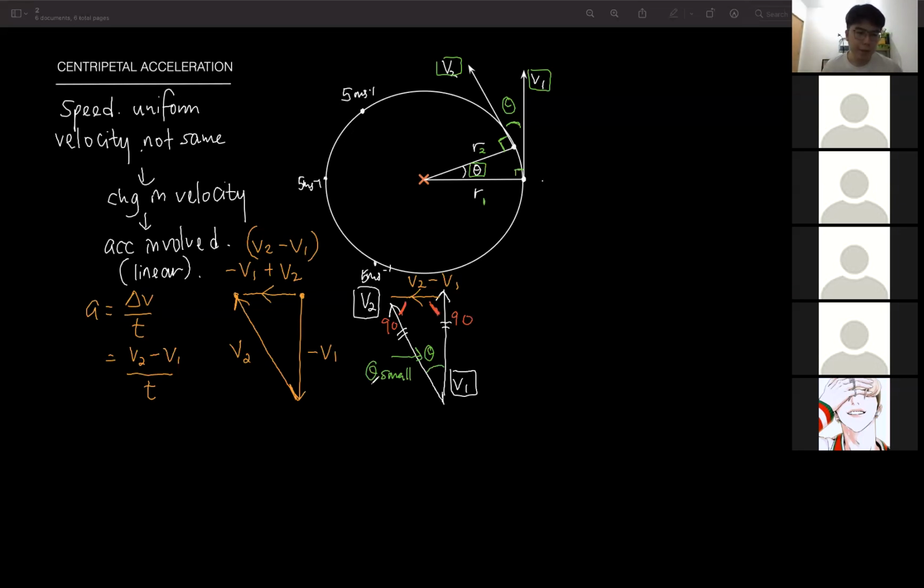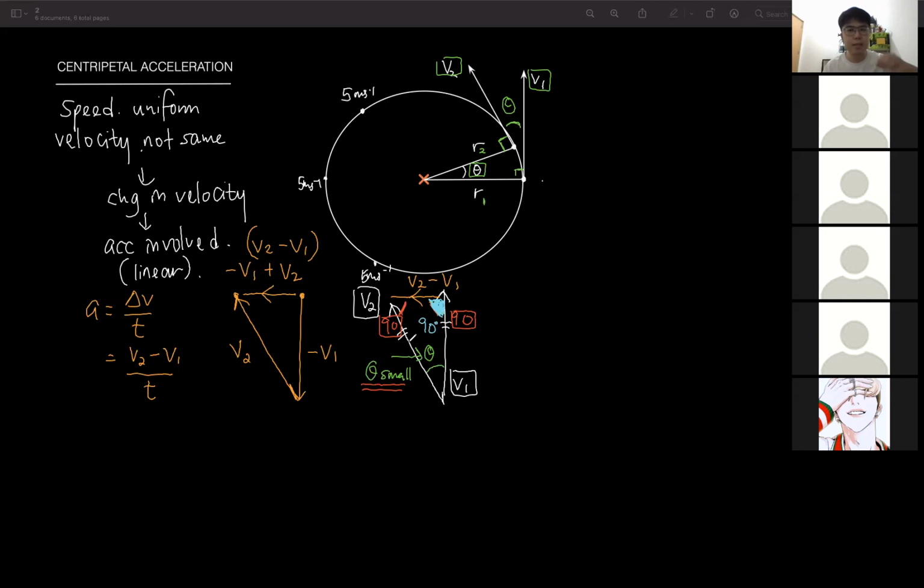Assuming that this angle is very, very small, then we have 90 this one and 90 this one, so they add up to 180 degrees. That means the angle between v2 minus v1 and the vector v1 over here, the blue one, is 90 degrees.